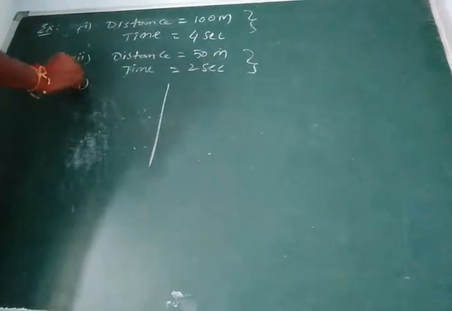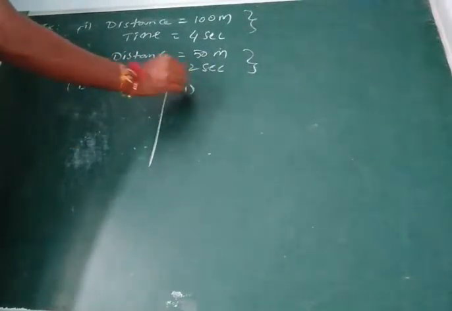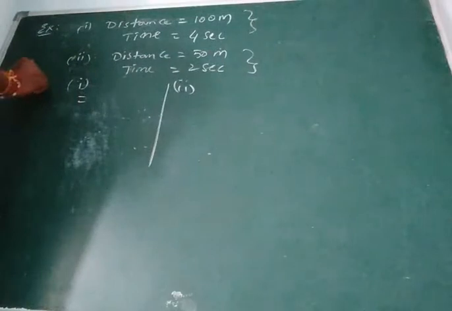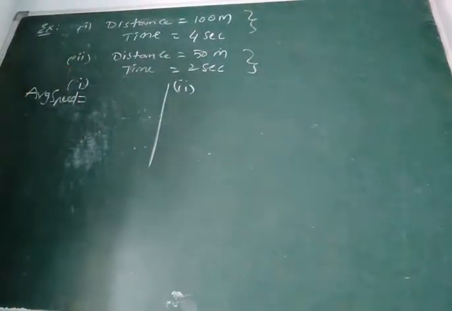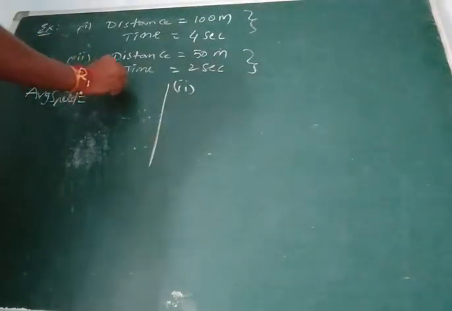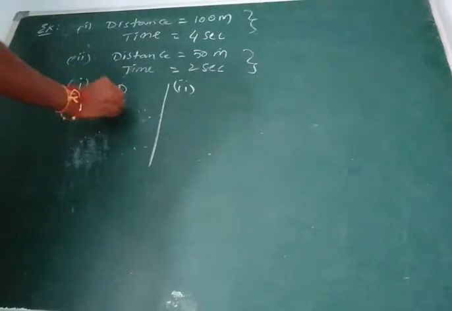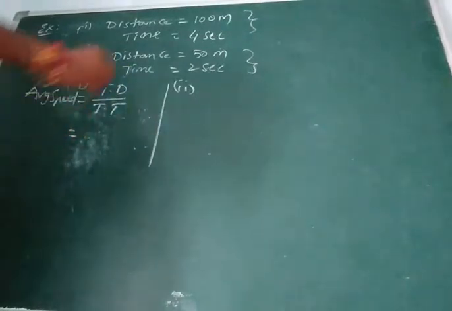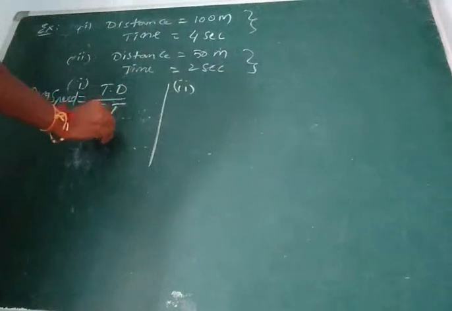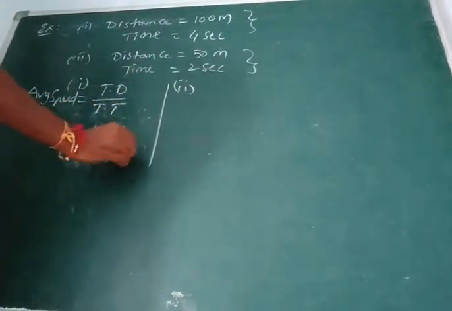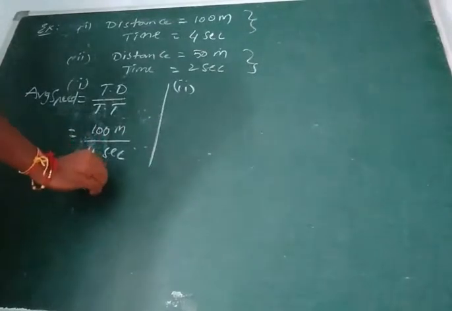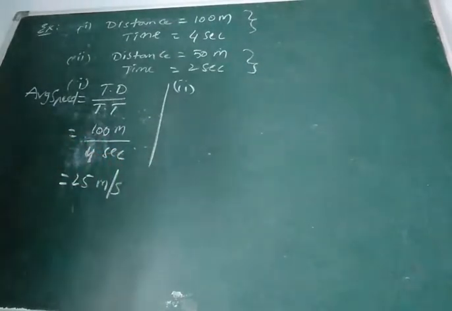Average speed is equal to total distance by total time taken. Total distance in the first case is 100 meters by 4 seconds. So 100 by 4 gives 25 meters per second.